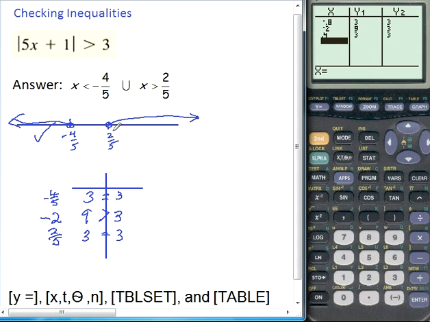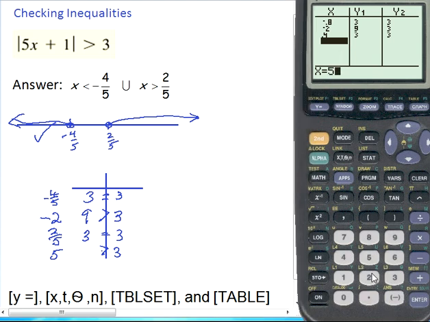And then pick a number bigger than 2/5, like 5 or something. It doesn't really matter what. And it should make the absolute value of that, the left side, bigger than 3. And so we'll put in 5. We could pick any number, that would be fine, and hit enter, and we get 26.